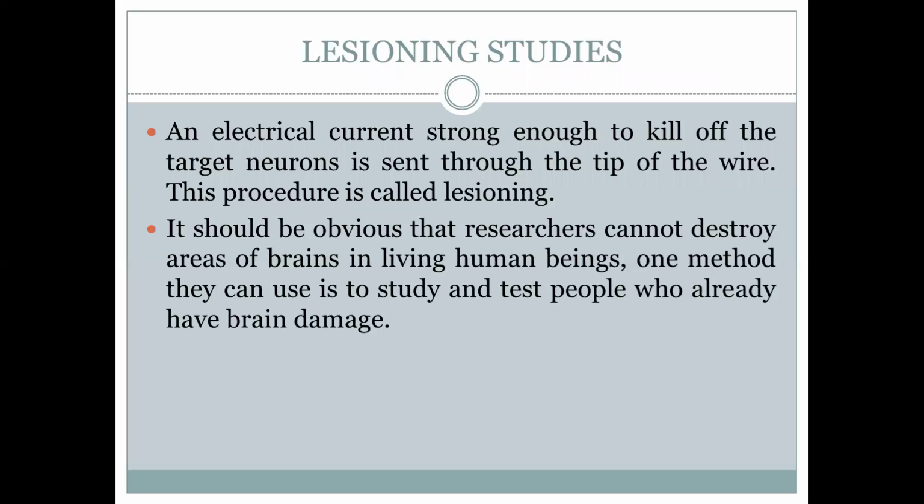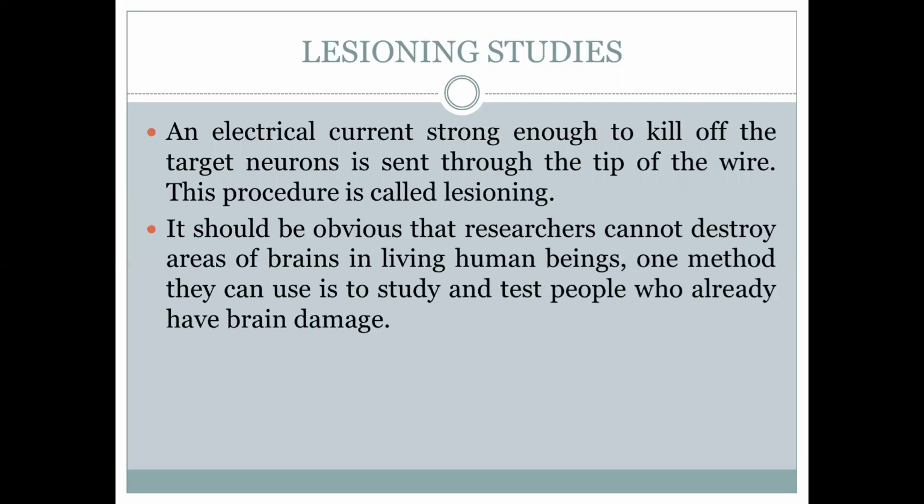One way to get some idea of the functions that various areas of the brain control is to study animals or people with damage in those areas. In animals, that may mean researchers will deliberately damage a part of the brain, after which they test the animal to see what has happened to its abilities.